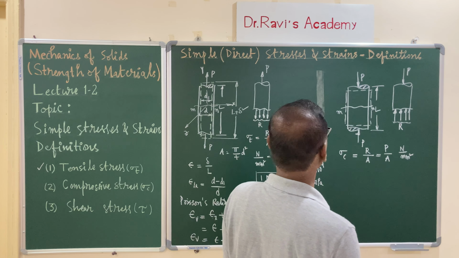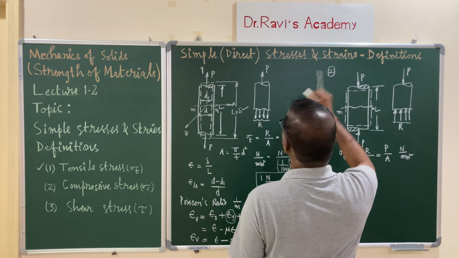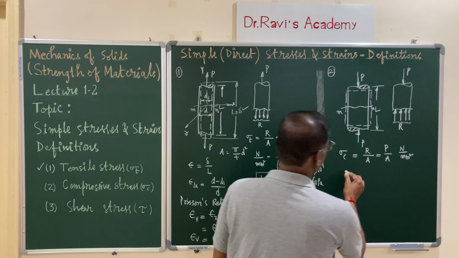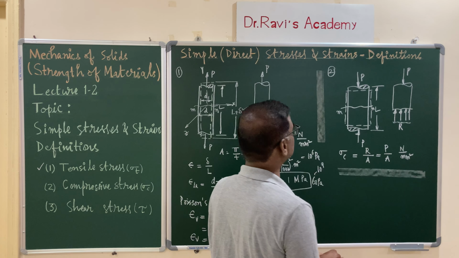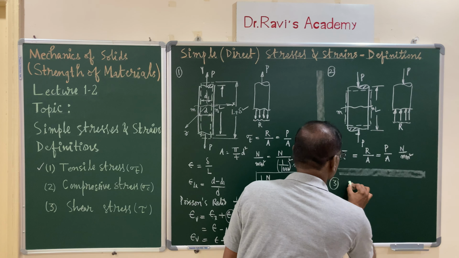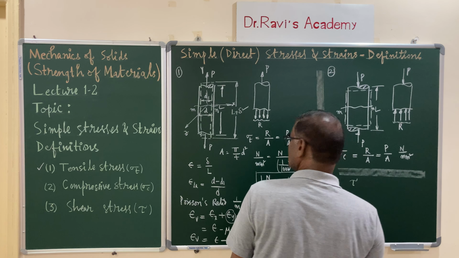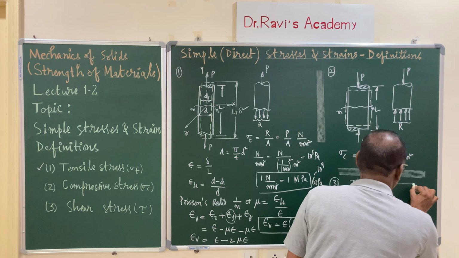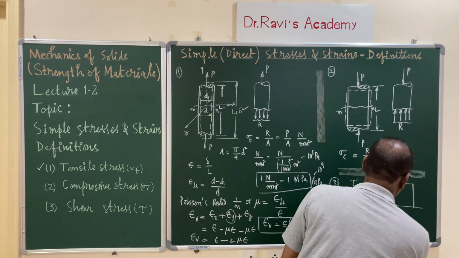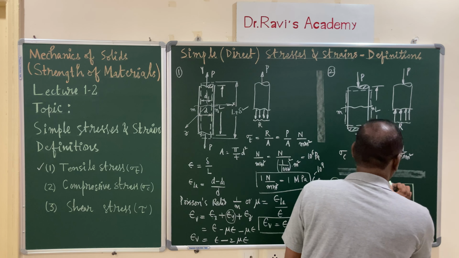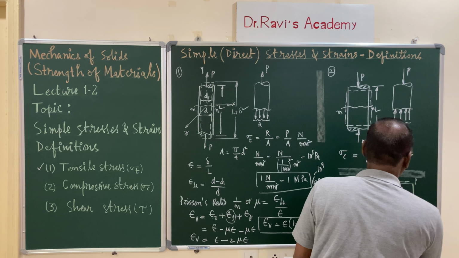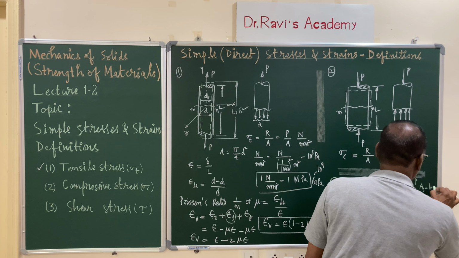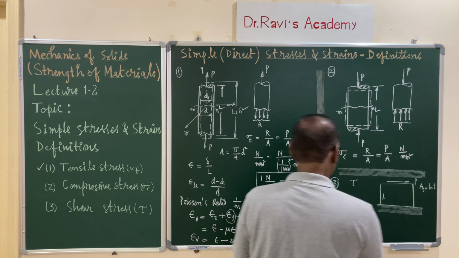Now let us understand the third type. This is your second type of stress. The first type is tensile, and this is compressive, and let us look at the shear stress also. The third one is shear stress, that is tau. For this, let us consider a plate of dimensions. Let us look at this, this dimension I am calling L, and load P is acting on this, and this particular surface has an area which I am calling AS, with dimensions B into T. Let me show pictorially.